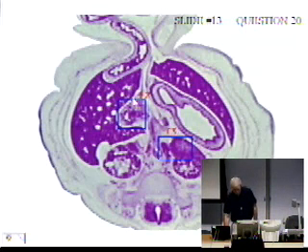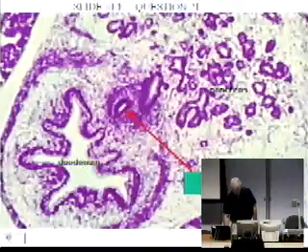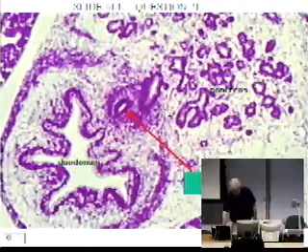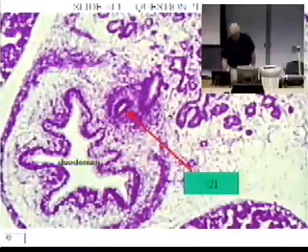Slide number 14 actually comes from this area in the box labeled F2. So we'll have a higher magnification of that area. Slide number 14 is for question number 21.